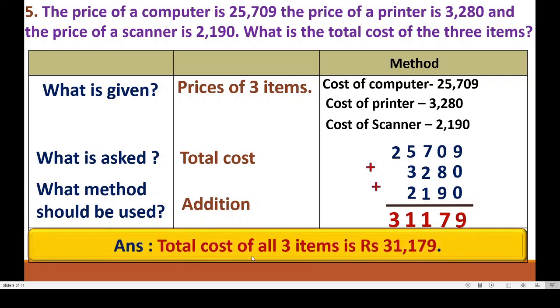Total cost of all 3 items is rupees 31,179. Dear students, here you have to write rupees. This is the unit, correct? Unit for money. So we have to add this rupees while writing this number.